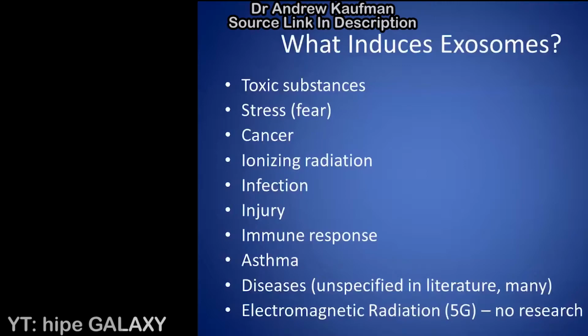Also found evidence about bacterial toxins, and I have a slide that I'll show you in a minute. So there's clearly a role in the communication or possibly removal of toxic substances that damage our cells. Now, interestingly, psychological stress, including fear, which many people around the world are experiencing in a very intense way right now, also causes release of exosomes. So you see how this may cause false positive tests.